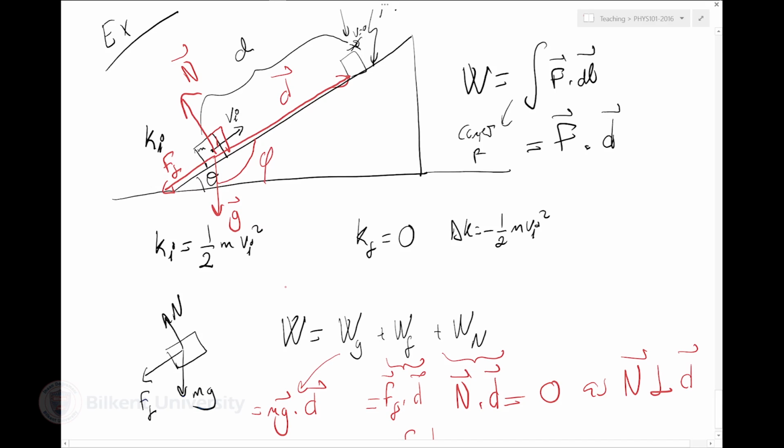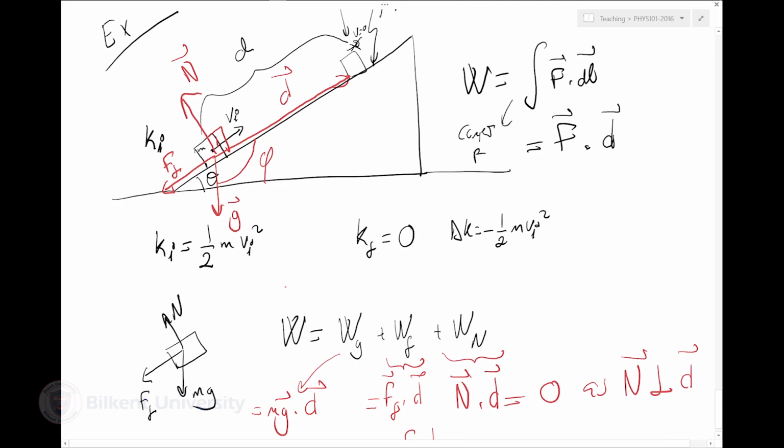Phi is pi over 2 plus theta. So mg dot d is m times g times d times cosine of pi over 2 plus theta, which is minus sine theta, right? So all in all, the work done is minus mg d sine theta minus F friction d, and that's it.